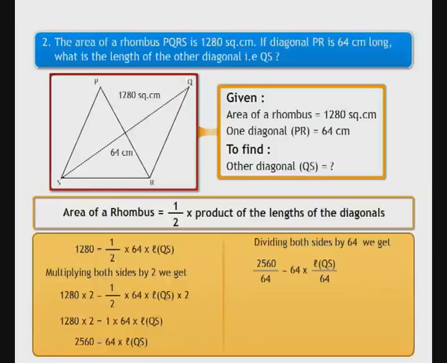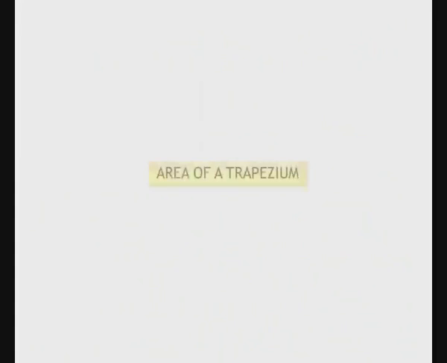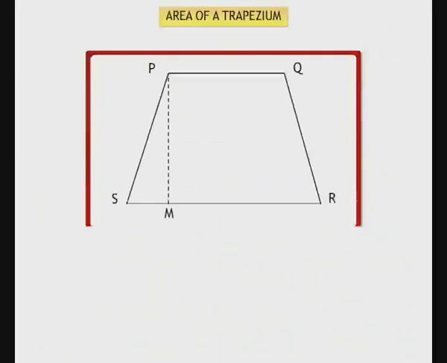By substituting, we get area of a trapezium is equal to 1 upon 2 into 5.3 plus 8.7 into 4.5, which is equal to 1 upon 2 into 14 into 4.5. By reducing, we get area of a trapezium is equal to 31.5 square centimeter. Therefore, the area of the trapezium ABCD is 31.5 square centimeter.